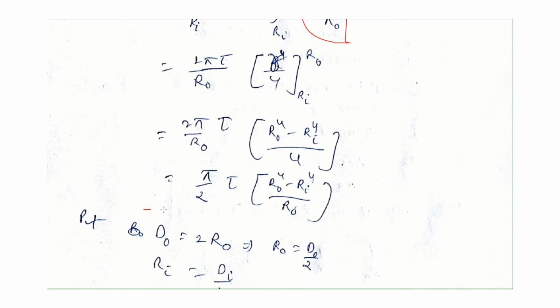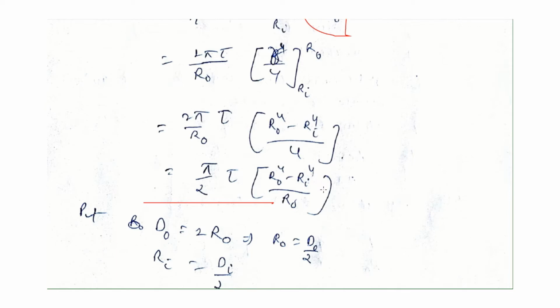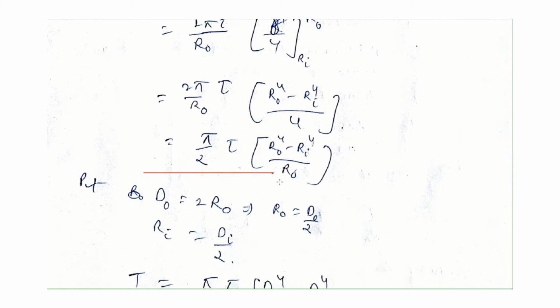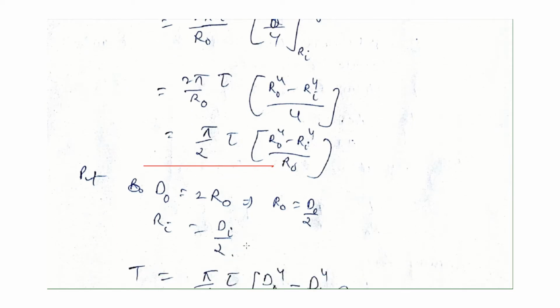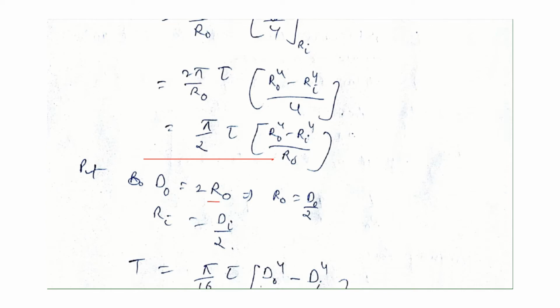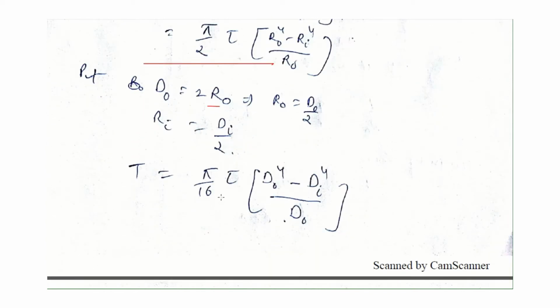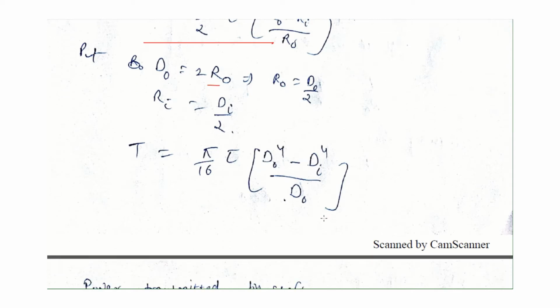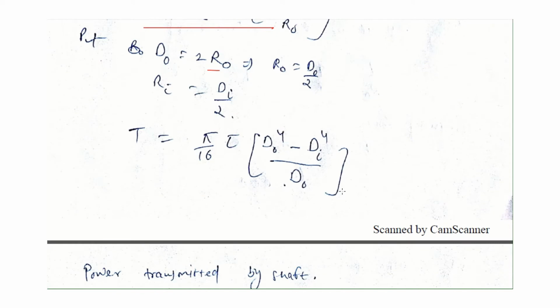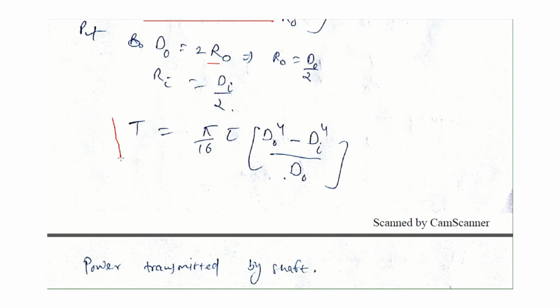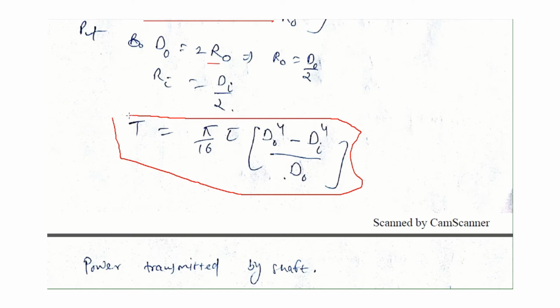This equation is for the total turning moment. Now we know the diameter is 2 times the radius, so putting it in terms of diameter, it gives pi by 16 tau into d outer to the power 4 minus d inner to the power 4, divided by d outer. Okay, this is the expression for torque transmitted by the hollow shaft.